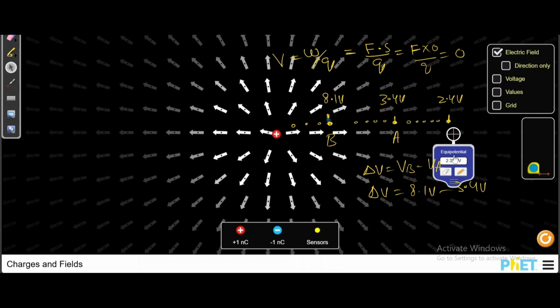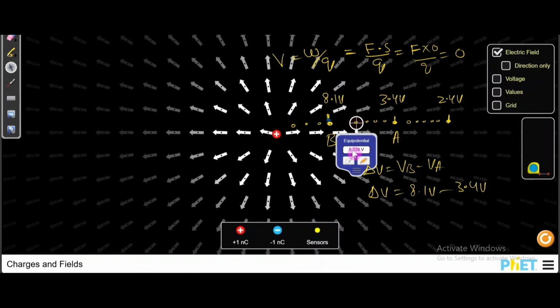Here it shows 2.3 volt, and it shows the voltage for a specific point. For this point there is a voltage, but according to the definition, the voltage will be 0, because the displacement is 0.